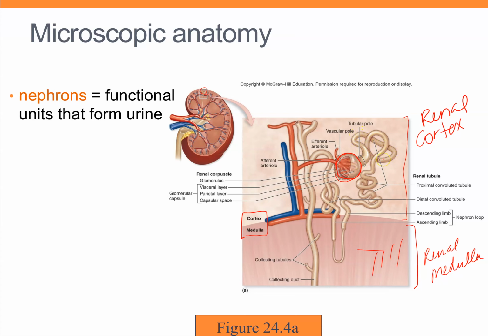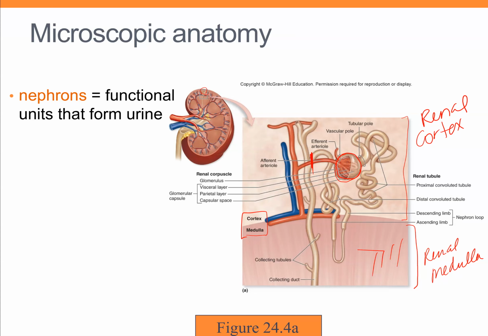It goes around really twisted, and then it dips down. Sometimes it's really long, sometimes it's not, and then it comes back up and is twisted again, and then it dumps into this thing here, which is called a collecting duct. So all the way from that round structure to here is called a nephron.